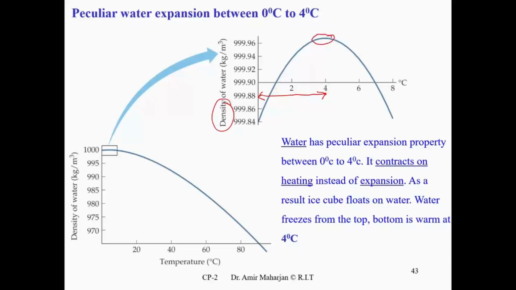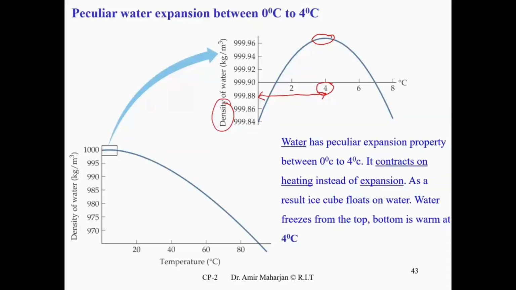That's the reason water always freezes from the top. Even during the peak of winter, ponds and lakes never freeze at the bottom, because all the heavy 4 degree water settles down at the bottom, and water freezes from the top. That's the reason aquatic life is possible.